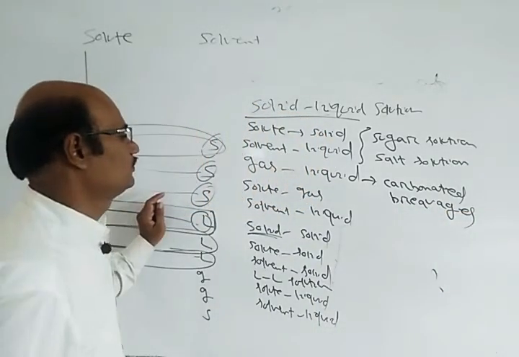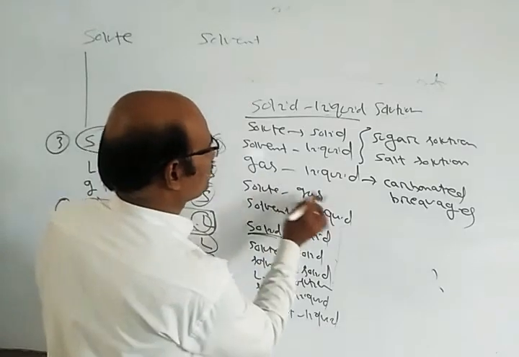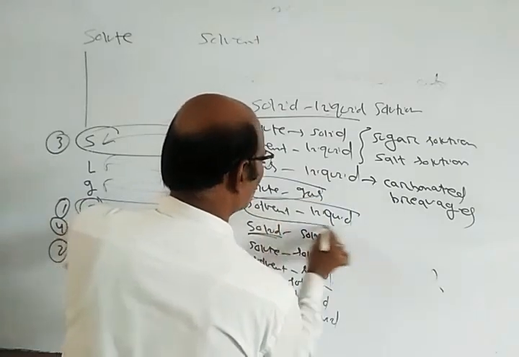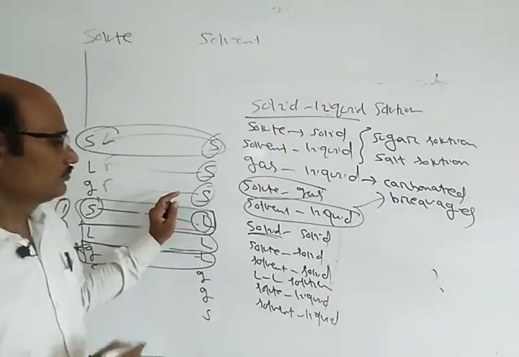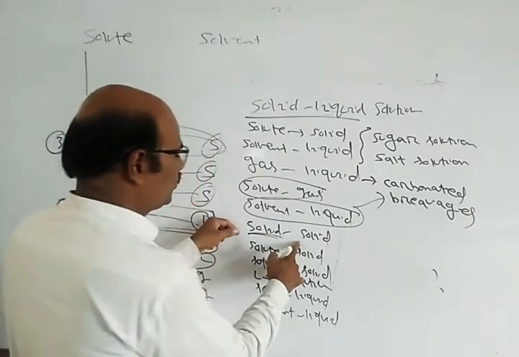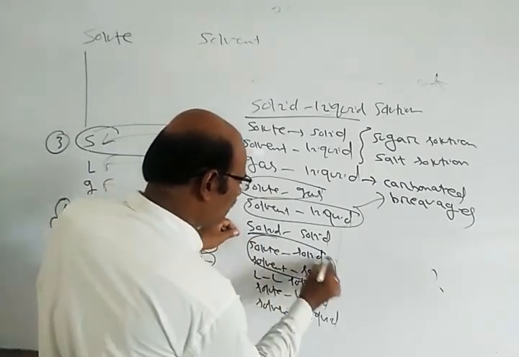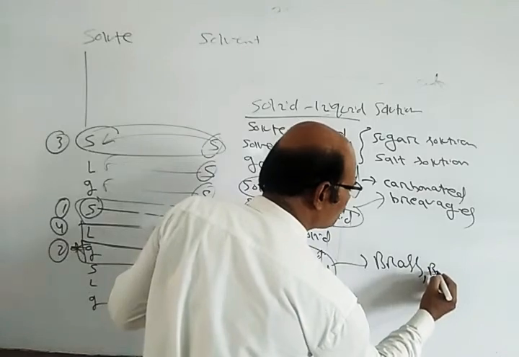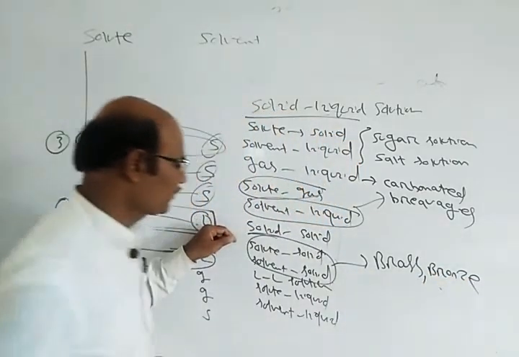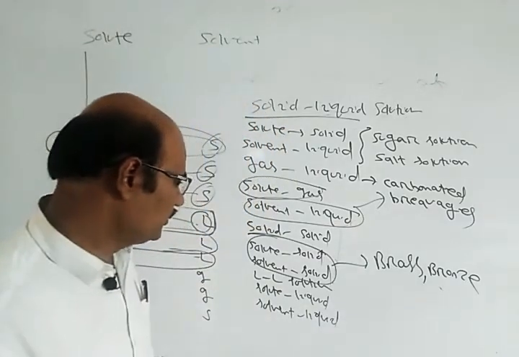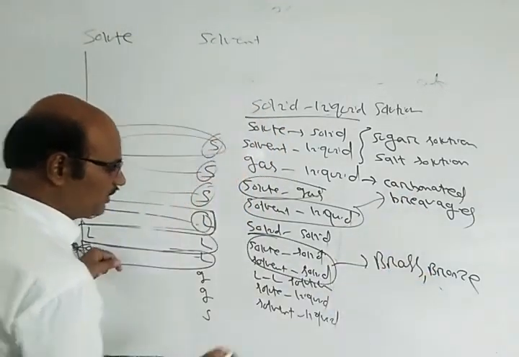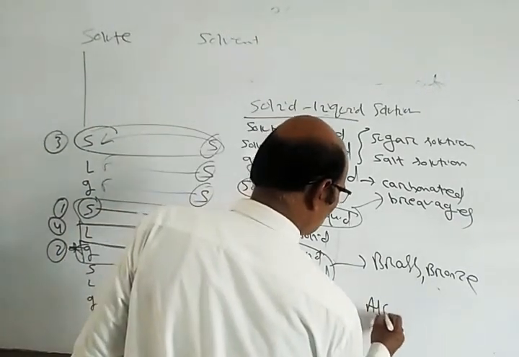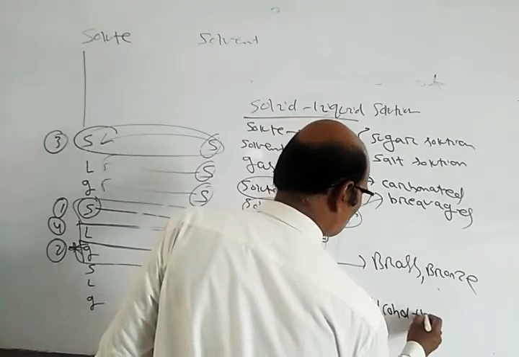Gas solute and liquid solvent: carbonated beverages. Now solid solute and solid solvent: we have brass and bronze. Brass and bronze are the solid solutions. And we have liquid solute and liquid solvent: alcohol in water, alcohol plus water.